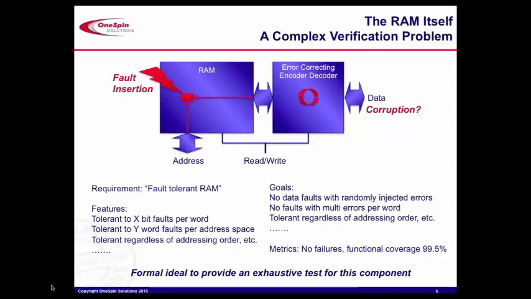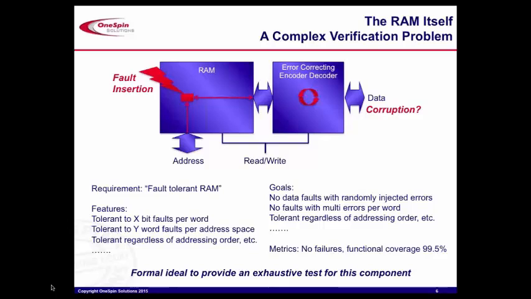And then let's do that with all possible faults that could be inserted in this memory. So this sounds like a lot of states, and it is. However, a good formal tool these days can cycle through this kind of verification within about a 24-hour period and give a completely exhaustive test of this problem.